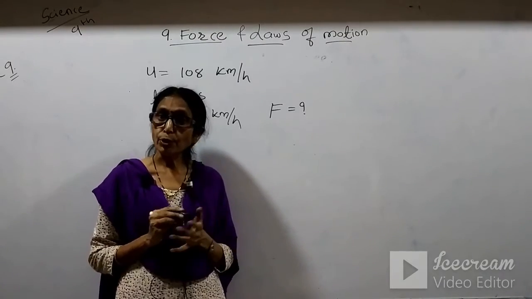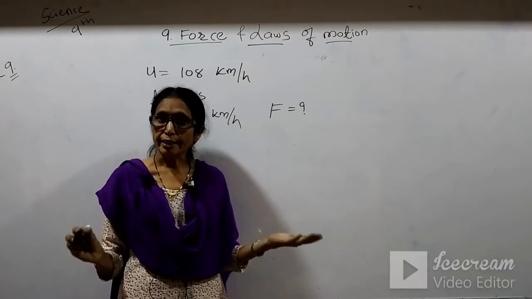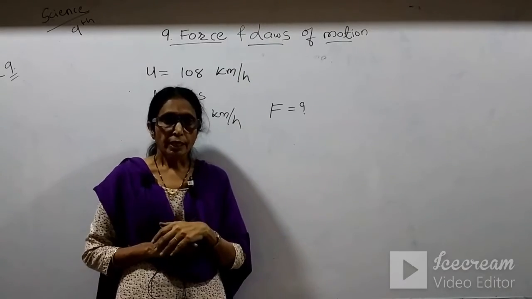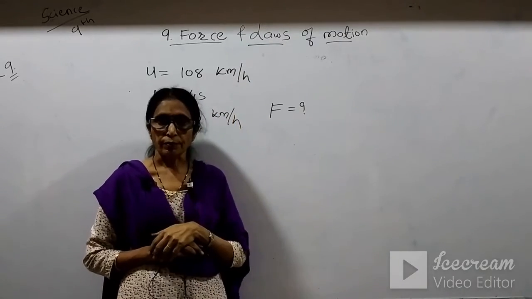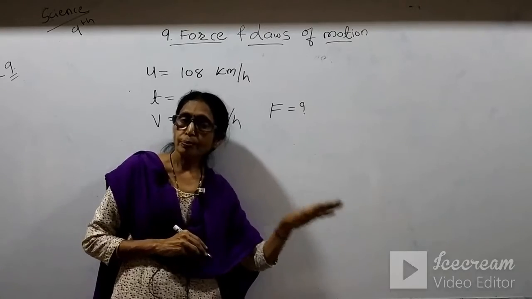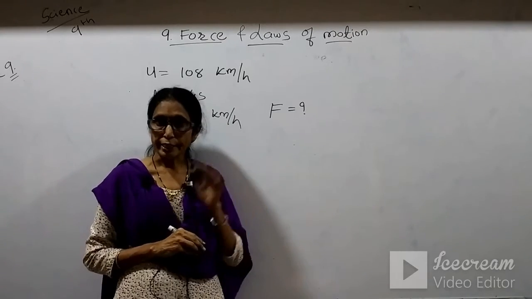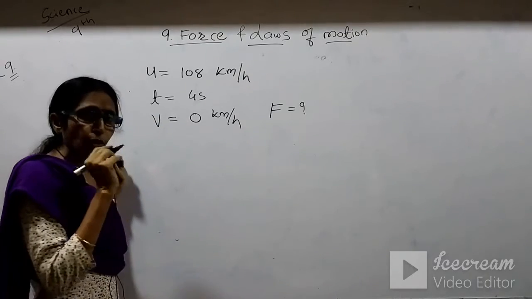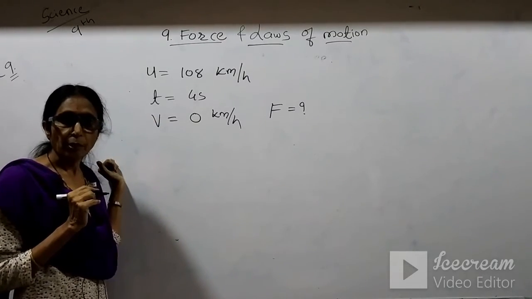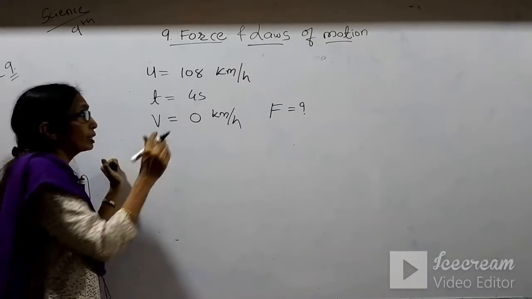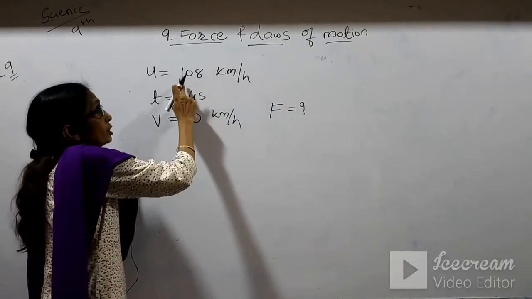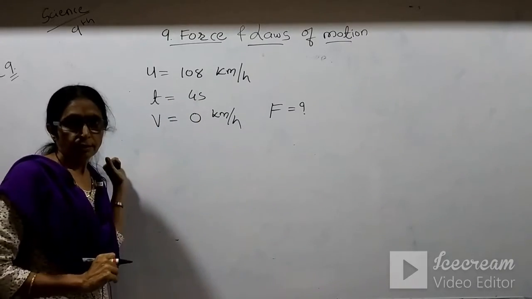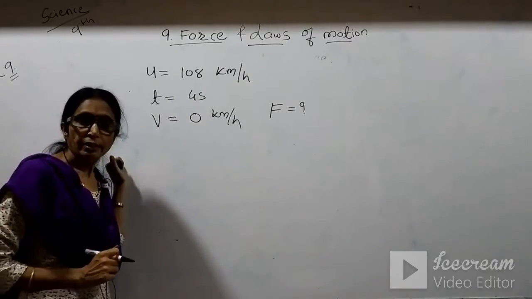Which type of motion is it? It is retarded motion. When there is an increase in speed, it is called accelerated motion. When there is a decrease in speed, it is called retarded motion. Okay? Now see here. What second thing do we have to take care of? We have to see what the units are. Here the unit of initial velocity is kilometer per hour, and time is given as 4 seconds.